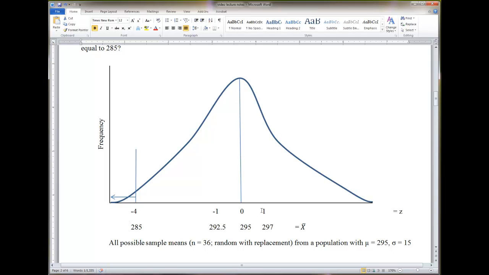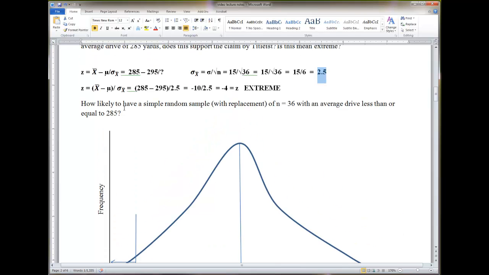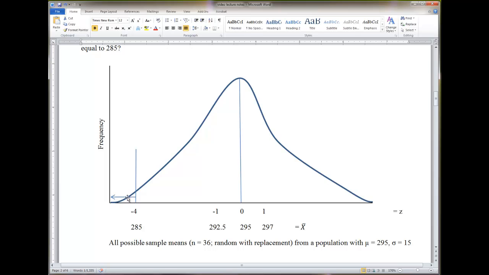And it also helps to determine where your actual value that you're interested in will go and how extreme it is. So let's go ahead and say, all right, here's the score we're interested in, 285. If we're asked how likely it would be to have a simple random sample with replacement with 36 people in it from this population with an average drive less than or equal to 285, that would be a tail.